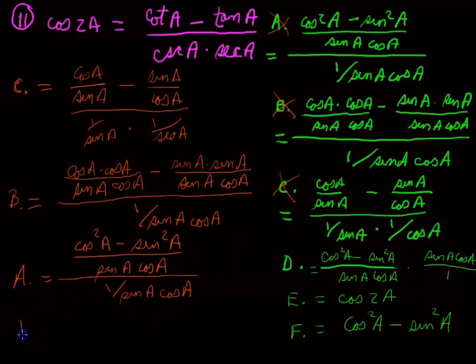So without writing it down, I can say that's letter D. After they did that, let's see, well, that one's used. So I've got these last two. It looks like the sine A, cosine A cancel the sine A, cosine A, and you just have the cosine squared A minus the sine squared A, which is F. And then finally, you've got that left side, cosine 2A, which is E.